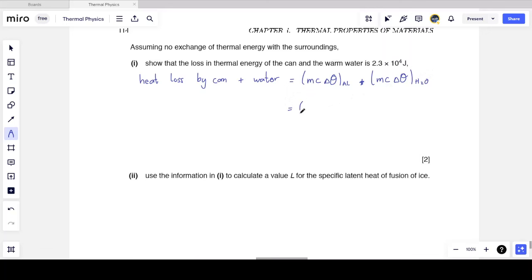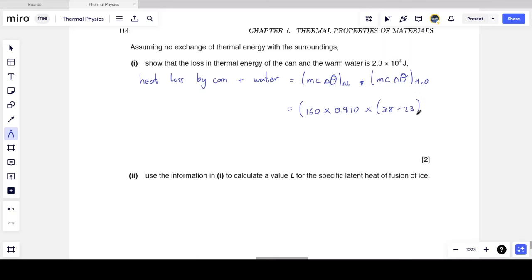And if I put my values in, this is a mass of 160 grams. I can leave my mass in grams because my specific heat capacity is also given in grams, times the specific heat capacity of aluminium, 0.910, times the temperature change. Again, I'm not going to do this in my head lest I make a mistake. 38 minus 23.